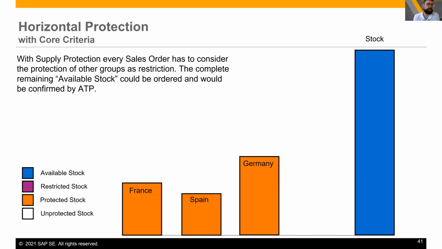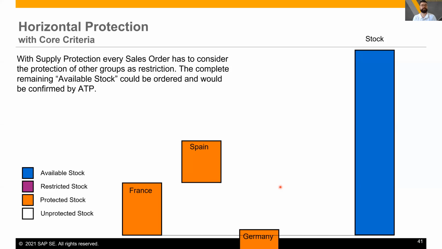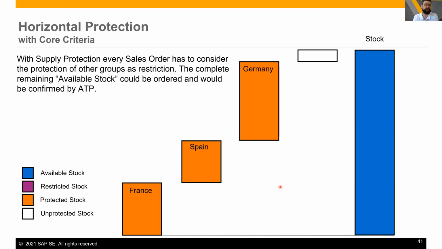If you would now model product allocations for France, Spain, and Germany, this would be an upper boundary where you can say German customers, or requirements coming from Germany, must not order more than what they have. But here you see that we have some kind of an excess stock.